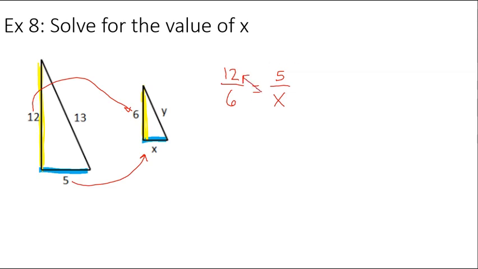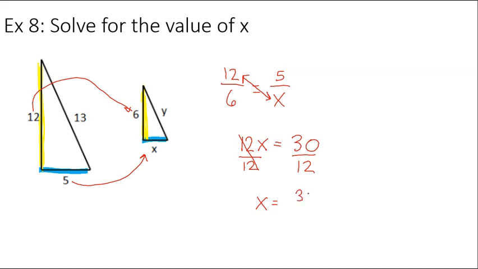12 times x gives me 12x. 6 times 5 gives me 30. What I do now is just divide both sides by 12. These eliminate.